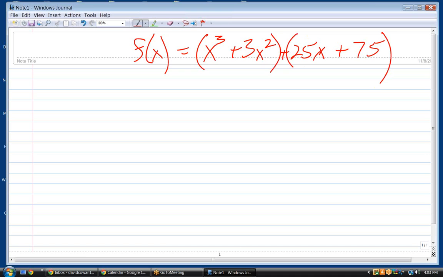Now the secret is to factor out the greatest common factor in each group. What's the greatest common factor in the stuff under the left parens? X squared. Leaving x plus 3. What's the greatest common factor over here? 25.